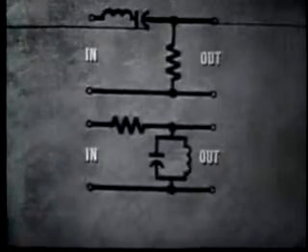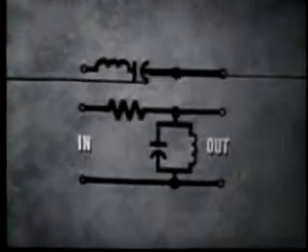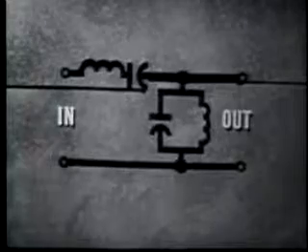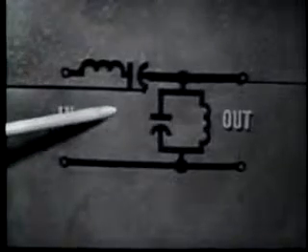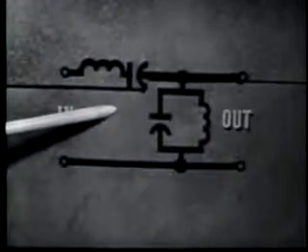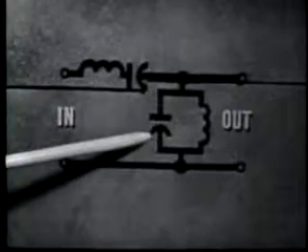So, why can't we combine the filtering components of the two circuits and make one band pass filter that has a series tank circuit in the series position, a parallel tank circuit in the shunt position? This circuit will still function as a band pass circuit, plus the filtering action will be improved because now there are two tanks to provide filtering action.